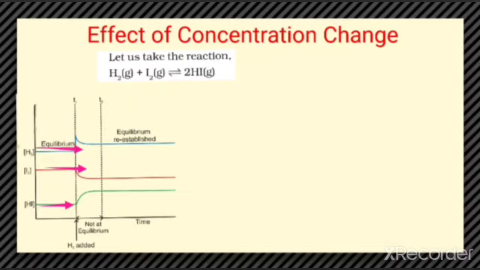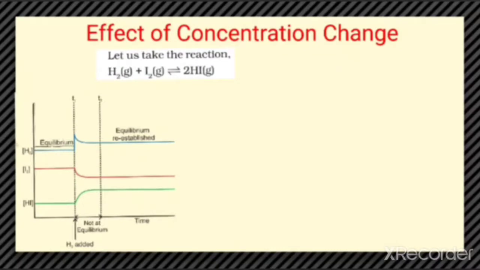So this stage shows the equilibrium stage, where the concentrations of H2, I2 and 2HI are not changing. That's why, when we look here, the plot is parallel to the x-axis.